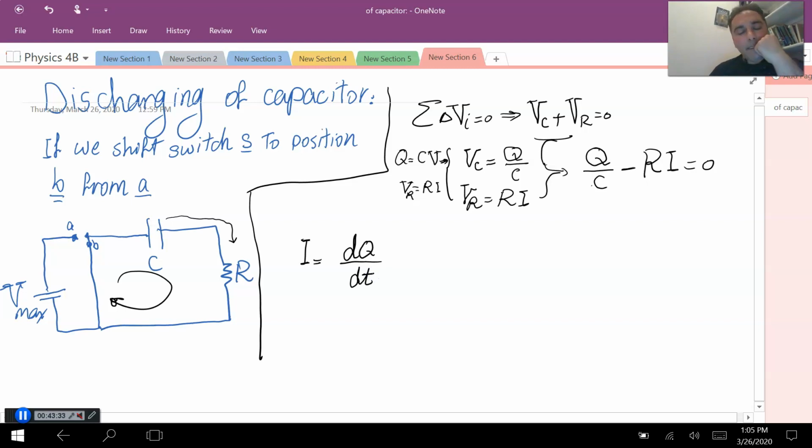Now, dq over dt is the charge produced by the capacitor by elapsing time. Let's say Q is the charge on the capacitor by elapsing time.